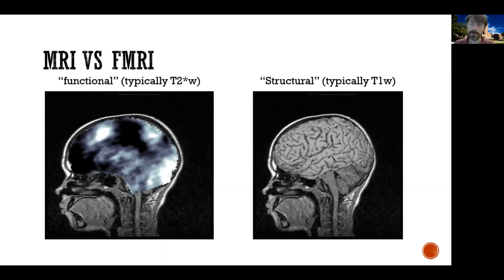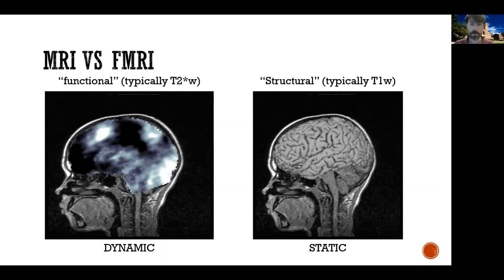Now, see, the big difference between these two images is that the image on the right is a static image. It's one image in very high detail. The image on the left is a much grainier image. The reason is that we quickly take several pictures of the brain back to back, one after the other.